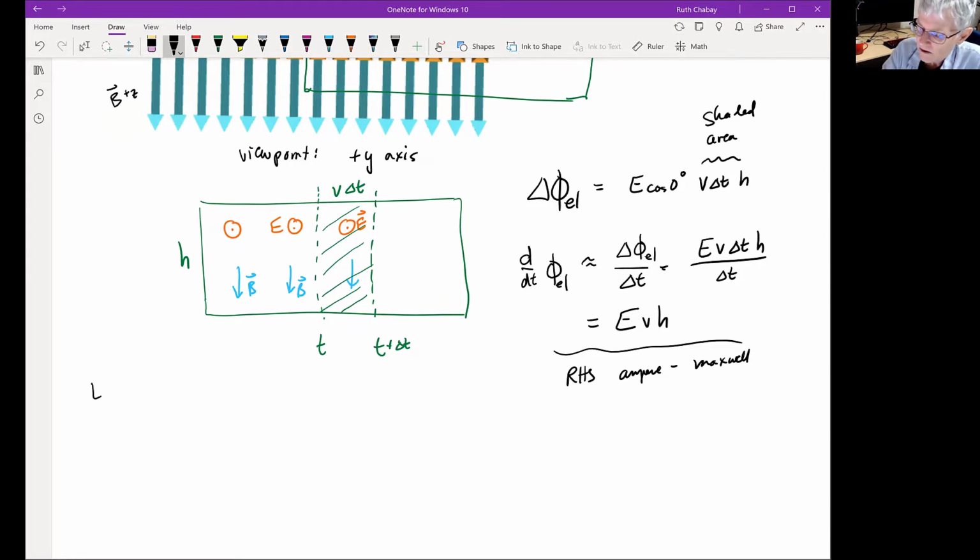And then on the left-hand side, we need the integral of B dot dl around our path. And so what does our path do? Well, it goes up here and across here, that way and that way. We're supposed to take it counterclockwise, aren't we? Okay, so let's go counterclockwise.